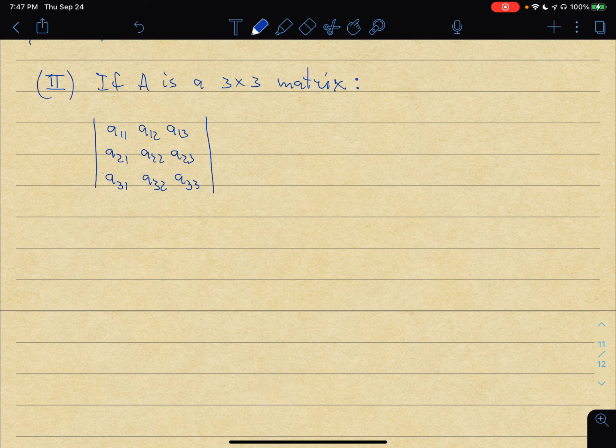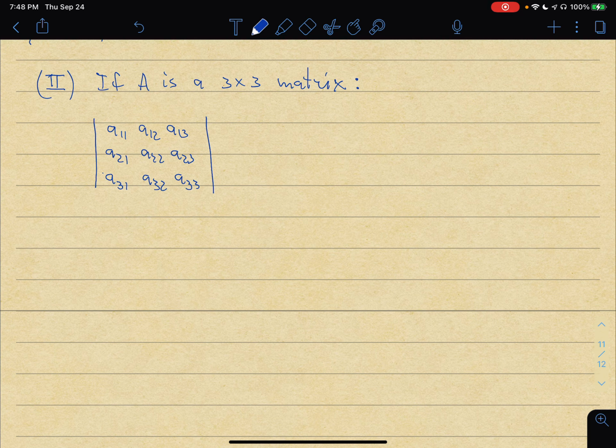So that's a 3 by 3 matrix, and notice that in the notation that I'm using, the first index always represents a row, and the second index represents a column, right? So the way we're going to do this is as follows.